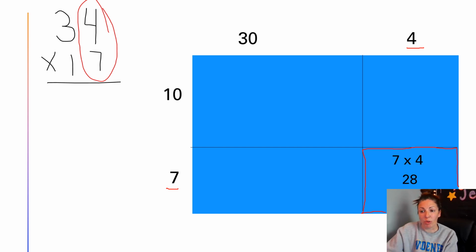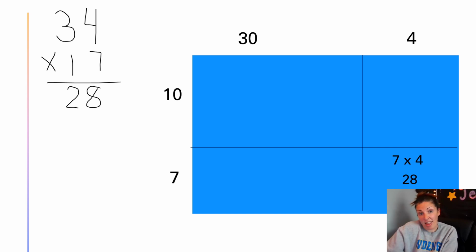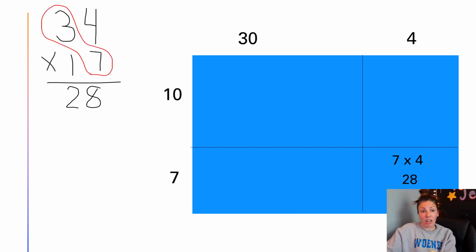So all we're going to do is move that 28 over into our standard algorithm as our first partial product, and just put it right there. And that's it. We solved 1 out of our 4 partial products. Good job.